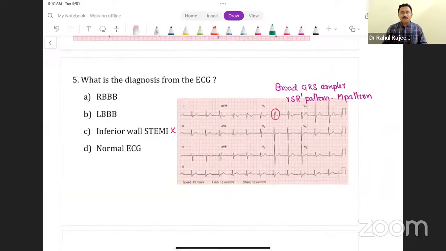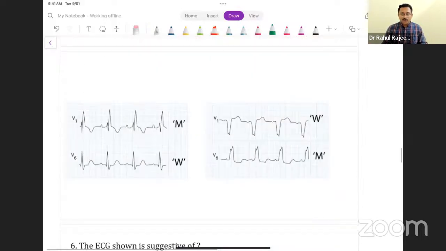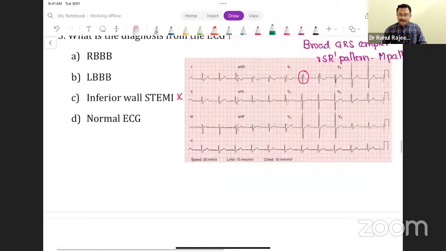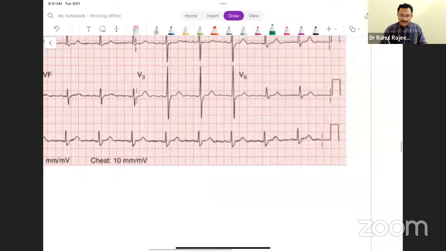right bundle branch block. And I have also taught you in my lectures that in case of right bundle branch block, you will have such an RSR dash pattern in lead V1 and a W pattern in lead V6, which you can appreciate here as well.